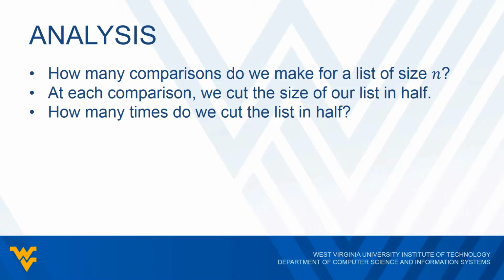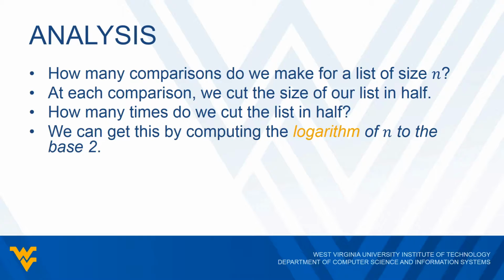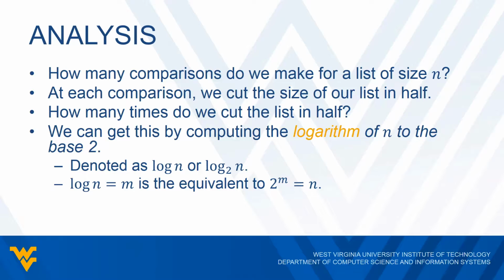The way we get this is we can compute the logarithm of n to base 2. We denote this as either log n or log base 2 of n. For our purposes, they pretty much mean the same thing. Now, what is the logarithm of n in this case? Just to give you an idea, if we say log n equals m, this is equivalent to saying that 2 to the power m equals n.